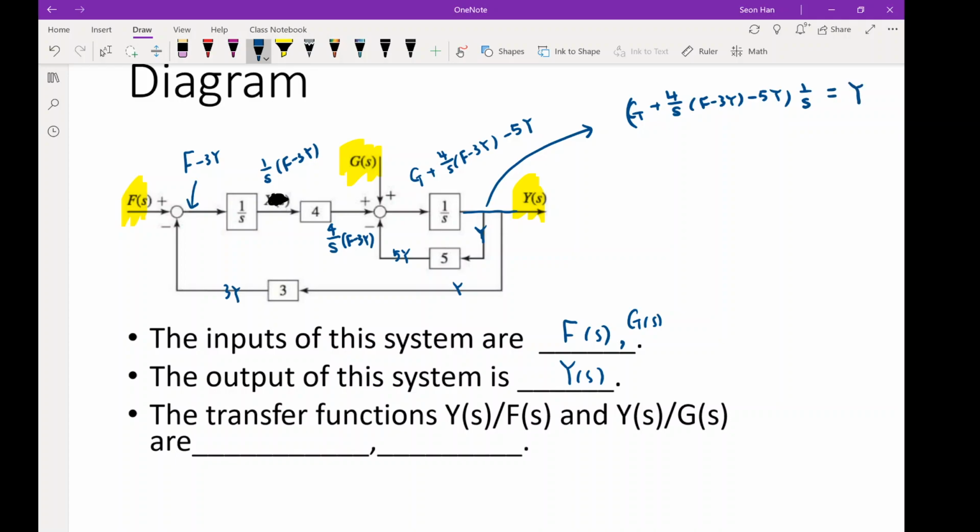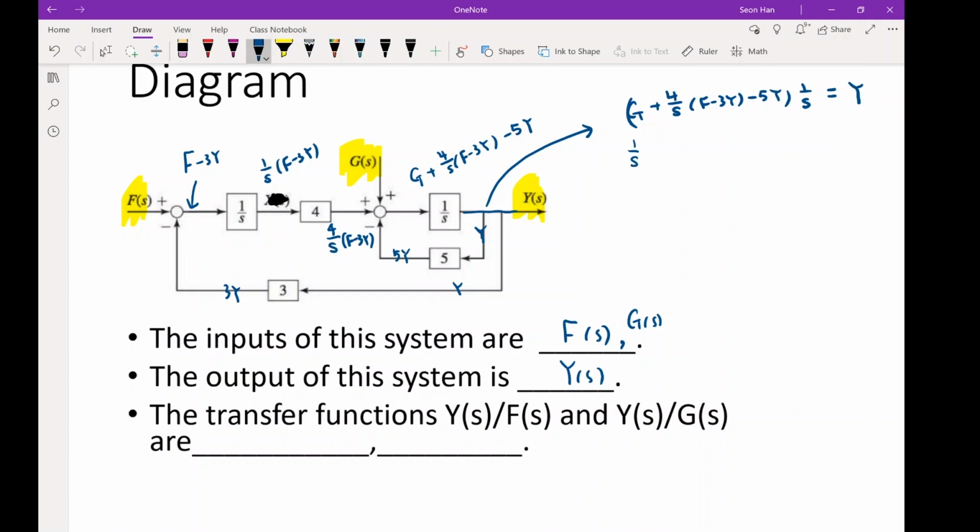That's the first time that you're naming a signal by two different names. And what did I tell you? Every single term should have either input or output. So if you multiply everything out, you'll be able to tell. Let's distribute.